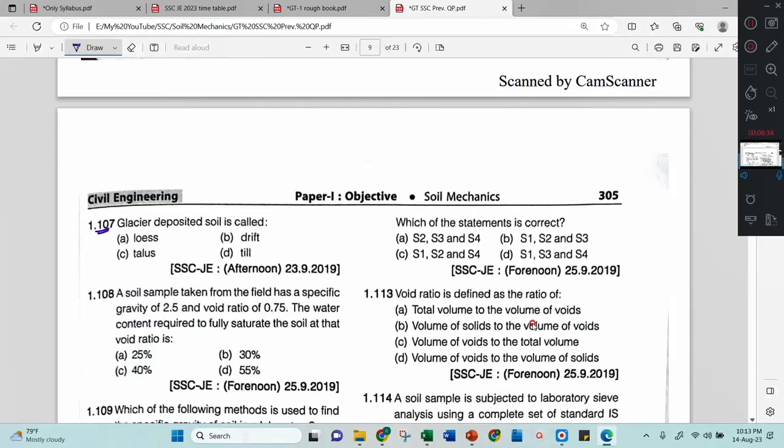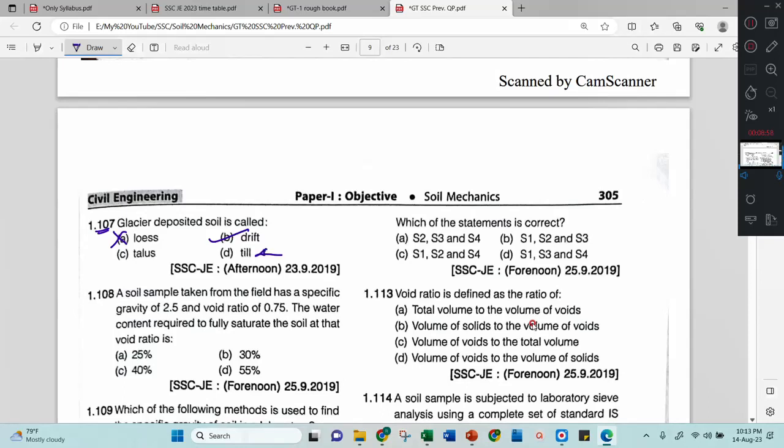Till. Till. Drift. Talus. Loess is wrong. Glacier deposit of soil is a drift, I think.